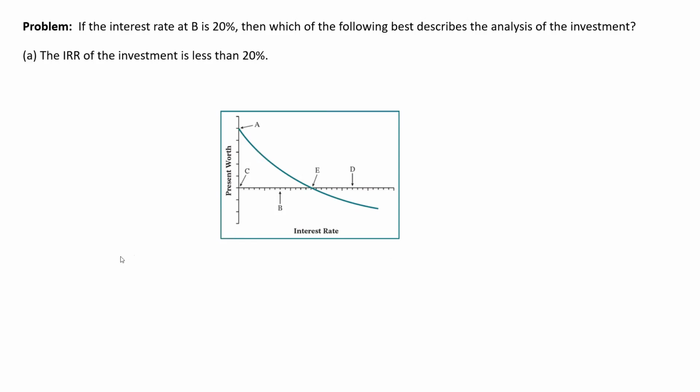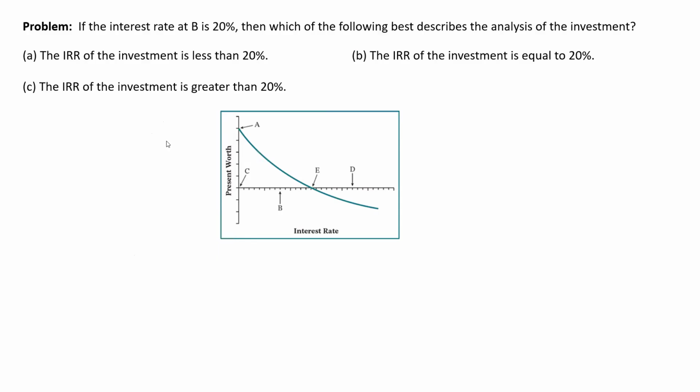And they are saying, according to this, which exactly describes it? For instance, A, the internal rate of return of the investment is less than 20%. Could you say that by looking at this figure? Or B, the internal rate of return of the investment is equal to 20%, or greater than 20%, or none of the above? I don't know, man. I can't tell, right?